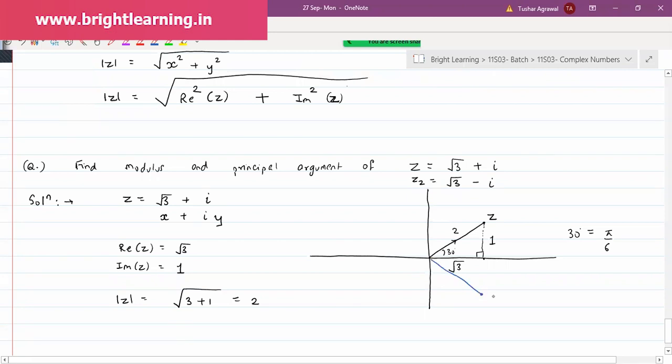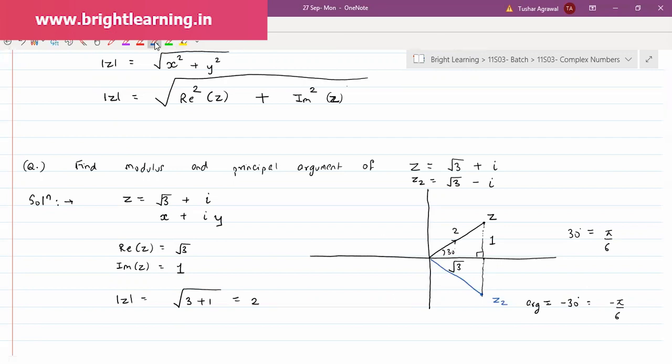This would have been my z2: root 3 and the imaginary part is minus 1, so root 3 comma minus 1. In that case, the argument would have been what? Minus 30 degree. In the clockwise direction, we take minus 30 degree, which is equal to minus pi by 6.